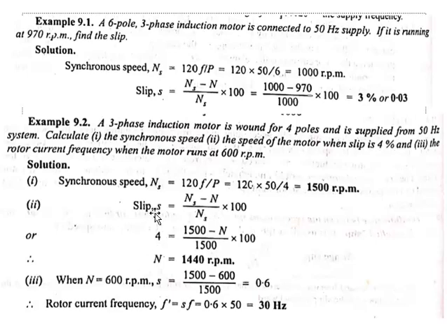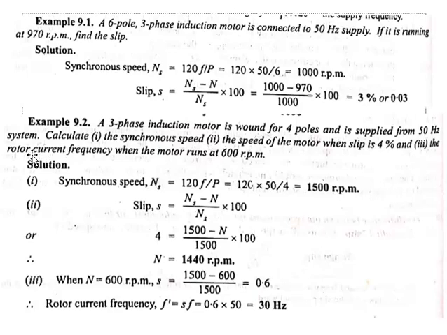We can say here 4 is equal to (1500 minus N) divided by 1500 into 100. This into 100 is very important. When this slip is represented as a percentage, you multiply by 100. If it is represented as a fraction, then you will not multiply with 100. You have to be careful with that. We get N is equal to 1440 RPM.